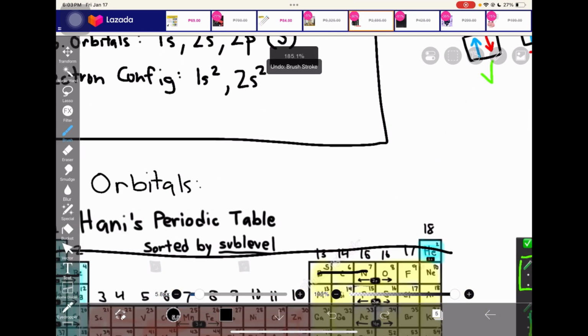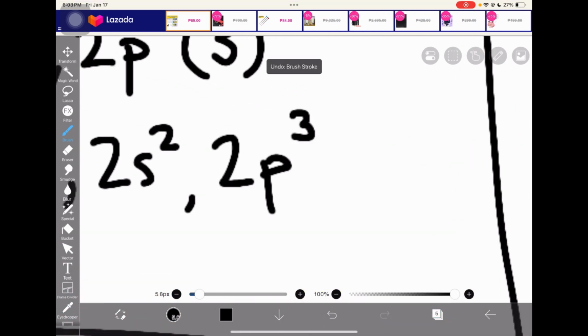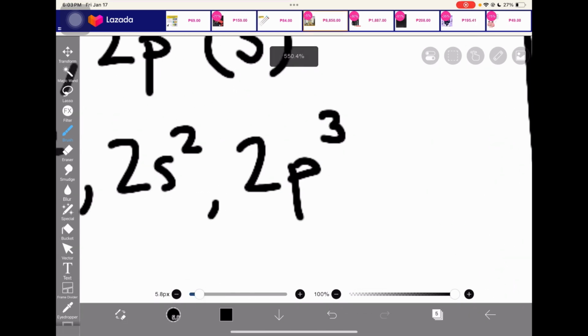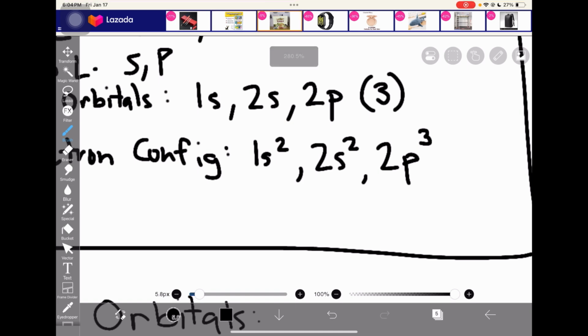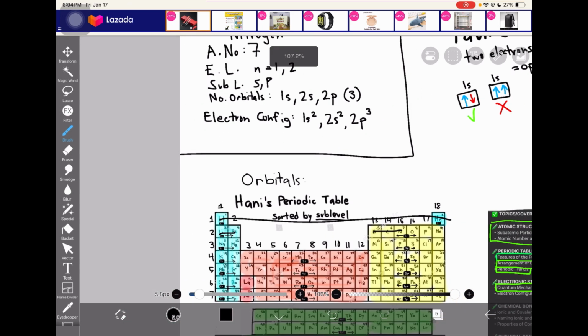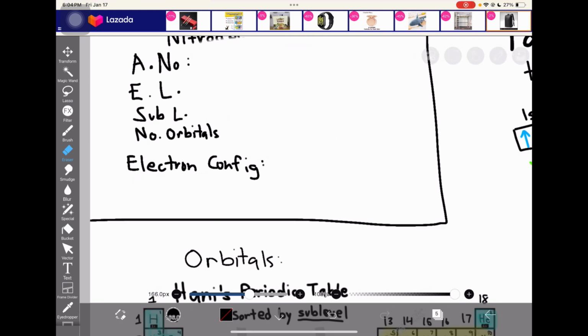So it took us 3 elements of 2p to get to nitrogen. Therefore, it's 2p3 for nitrogen. The complete configuration is 1s2, 2s2, 2p3. I hope you're getting the gist by now. Now let's move on to where it starts to get a little bit trickier.